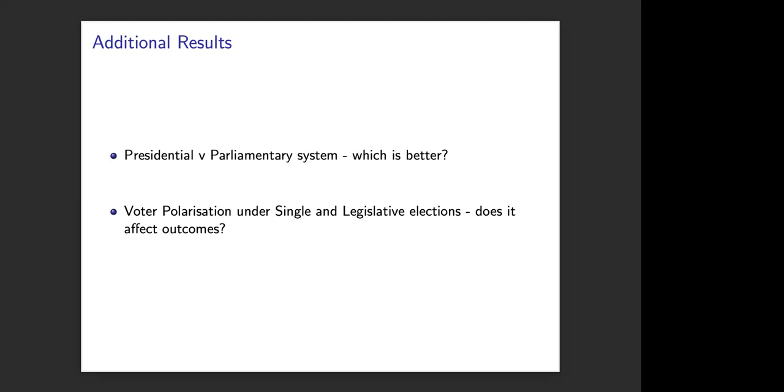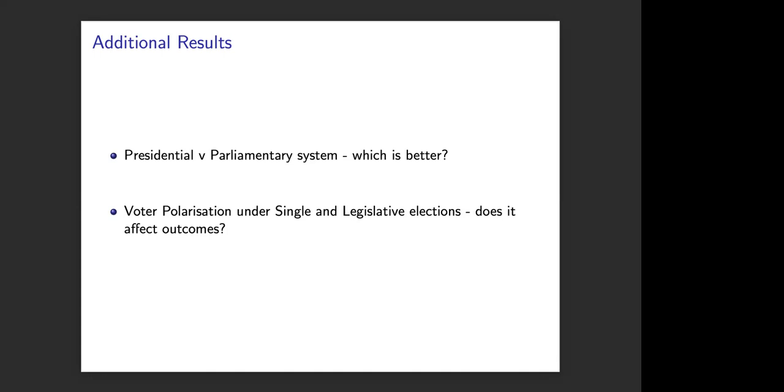You think that with one big direct election you would get a good policy outcome which is representative, whereas a legislative system, a more indirect democracy, you would think would be more difficult. But because we have these multiple dimensions to policy, it pays off to have a parliamentary rather than a presidential system.